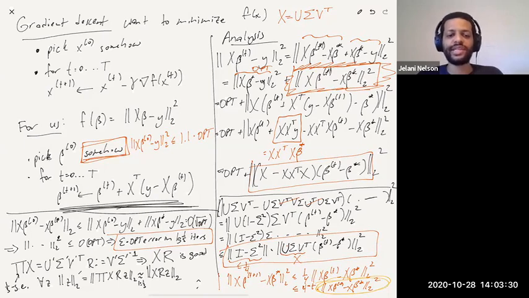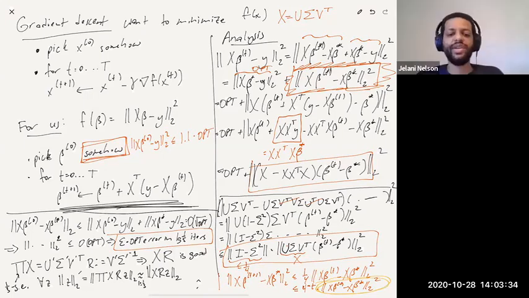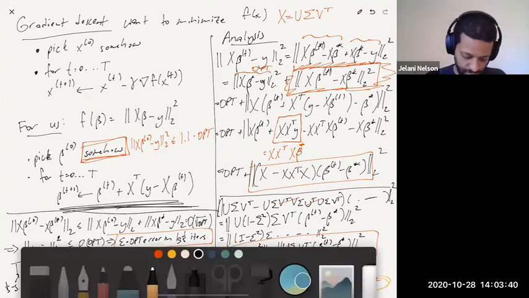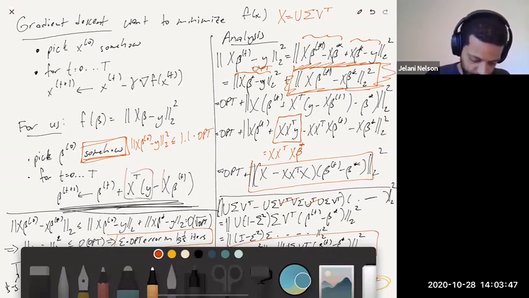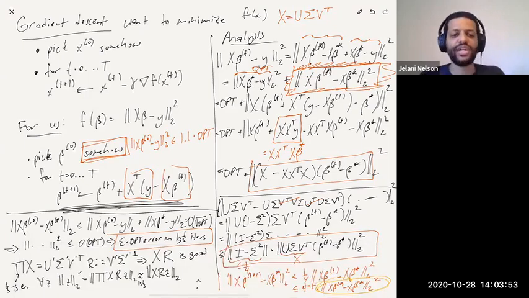And also the nice thing is, what's the runtime of this? Basically, you need to apply R. So in every iteration, you need to apply X to stuff, and you need to apply X transpose to stuff. Now X is actually XR, but R is a smaller matrix, so you can apply R quickly.